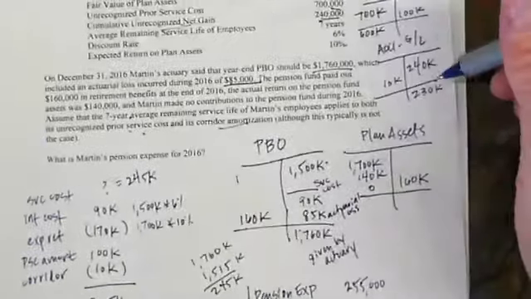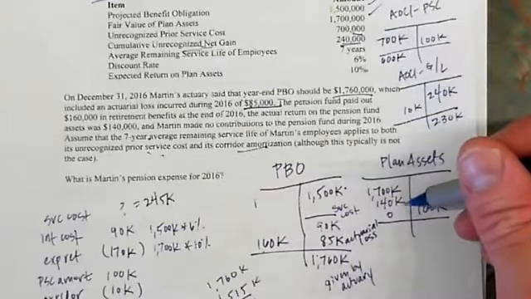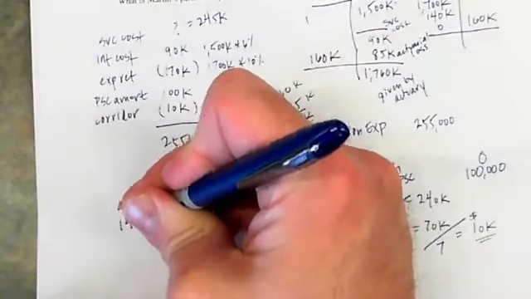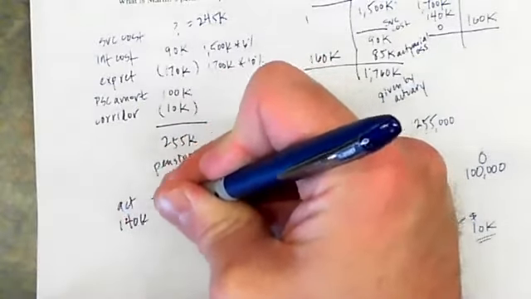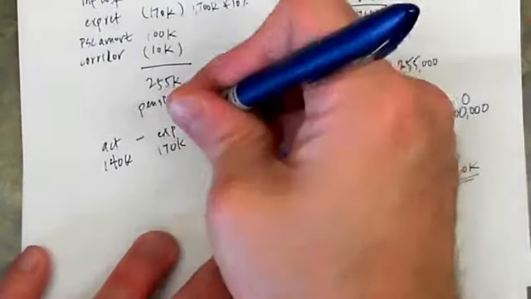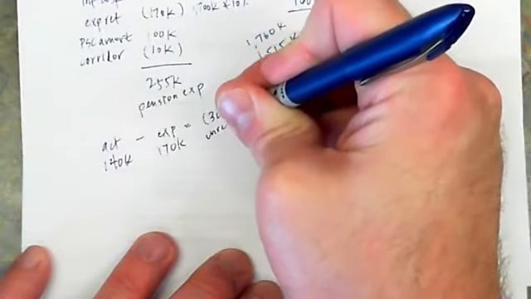We have to see what else happened in AOCI. If I have an actual return, 140, and an expected return of 170, actual of 140 minus the expected of 170. Well, since I expected 170, I only got 140. That's a $30,000 unrecognized loss.